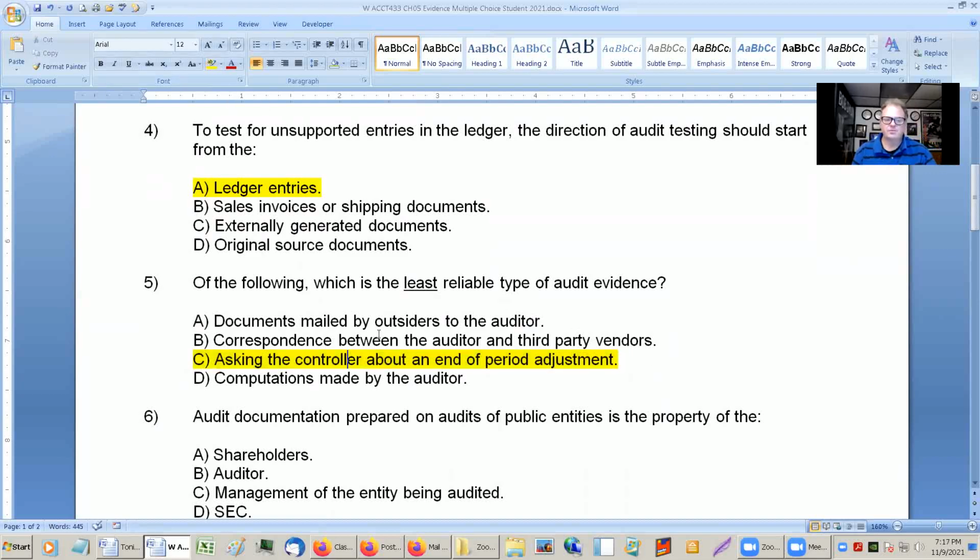Why? It's asking the controller about an end of the period adjustment. Not that it's a waste of time to talk to the controller, but you're probably going to have to get other evidence on that rather than just taking them at their word. That would be more like something that would aim you in the direction to see if you can figure out what's going on.